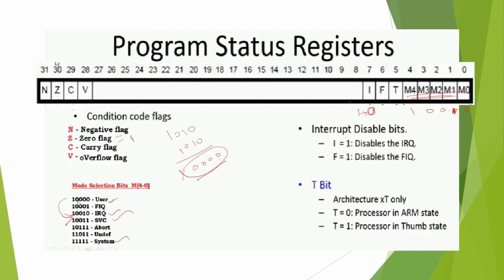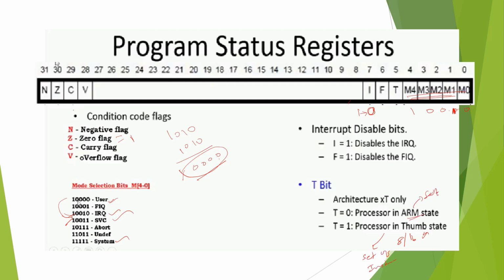And see here, this is the T bit. T equal to 0 is the ARM state. If T is equal to 1, that is thumb state. That is, 16-bit or 8-bit instructions are executed in thumb state mode. It has a separate set of instructions available for thumb state, and ARM state has the normal set of instructions.